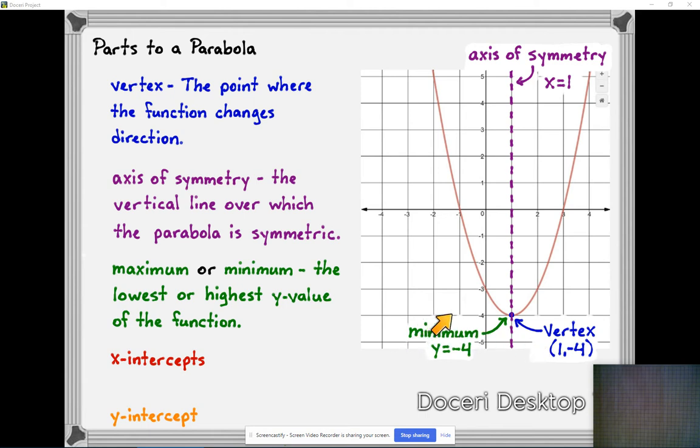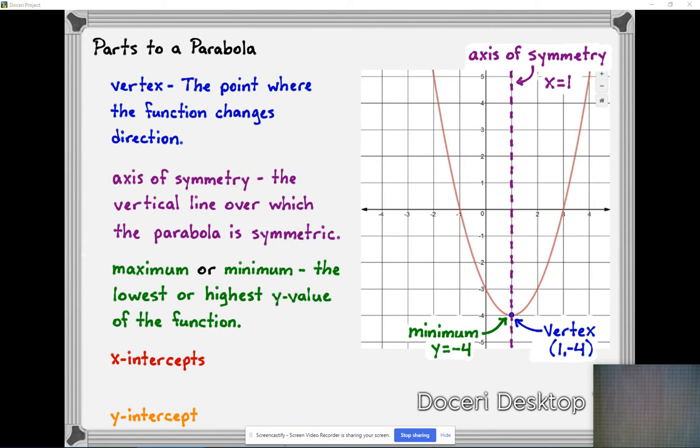The minimum or the maximum is the y value of the vertex. So when you put the axis of symmetry together with the minimum or the maximum, you get the vertex. But again, for the minimum, you have to say y equals -4, or y equals something. For the axis of symmetry, you have to say x equals something. Okay? So we have the vertex, the axis of symmetry, the maximum or the minimum.